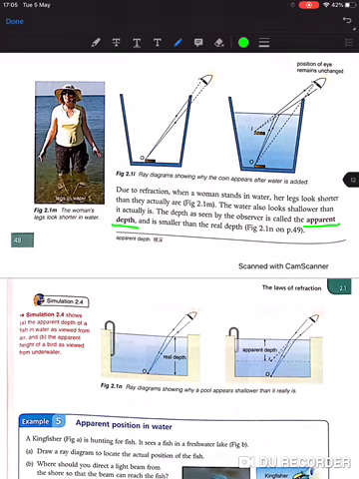So in here, if you go to the beach or swimming pool next time, look at the bottom of the pool and you will see that the person appears to be having shorter legs. That's the reason why, because the light actually bends away when it enters air and it generates an apparent depth.